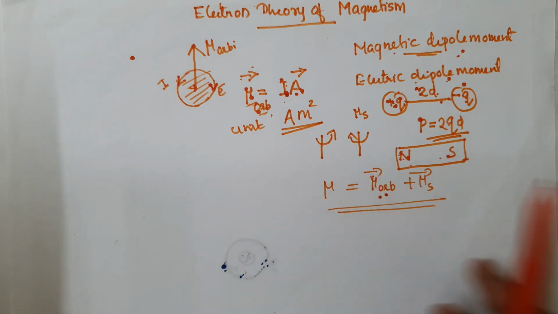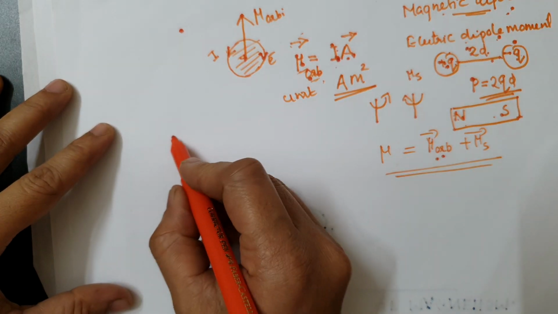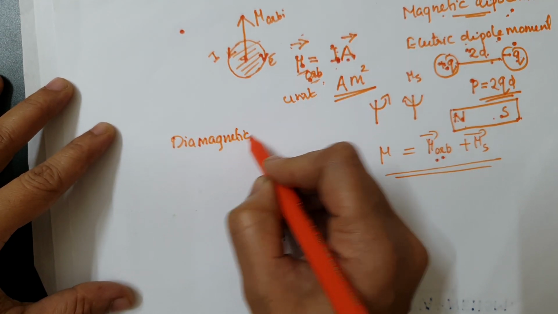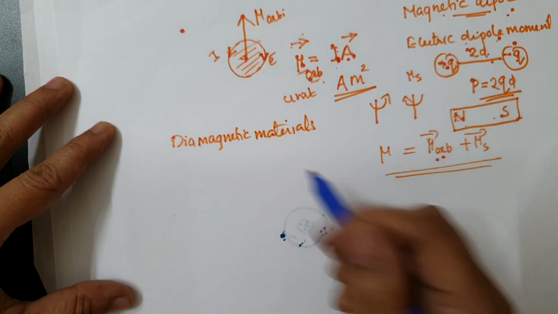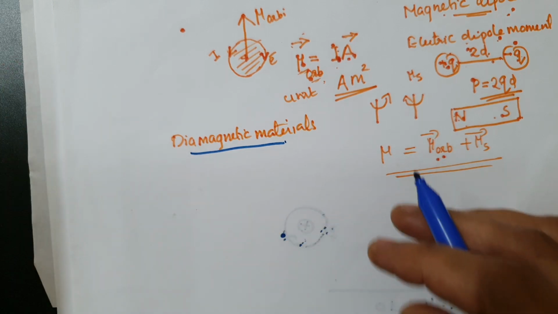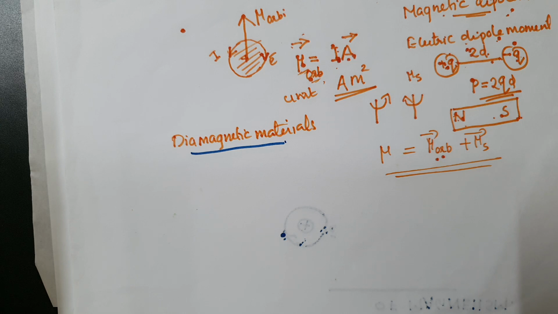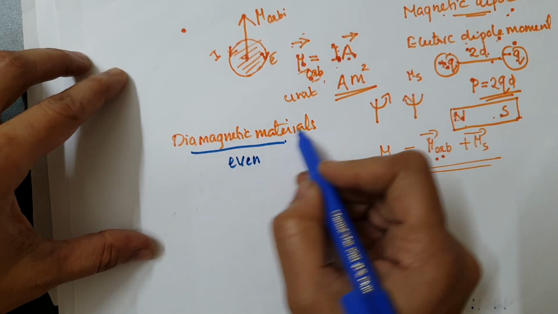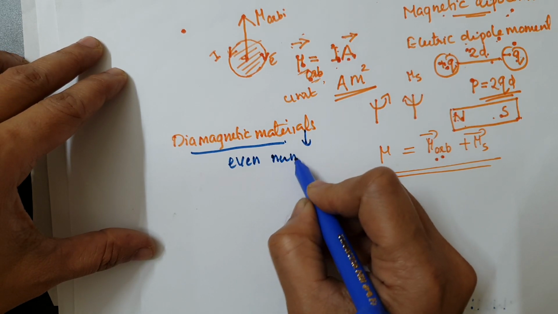So now we are considering the diamagnetic materials. Diamagnetic substances are substances in which the atom contains an even number of electrons.